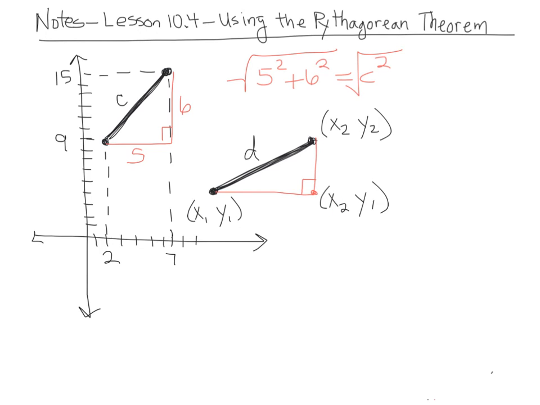So it's going to be x2 minus x1. Now to find this distance, I just went 15 minus 9, right, to get 6. From 15 to 9, you subtract, which are the y coordinates, the y values. So the y values are y sub 2 minus y sub 1.